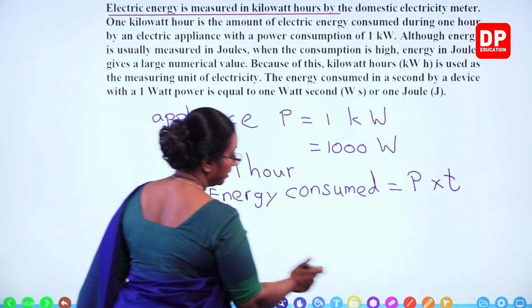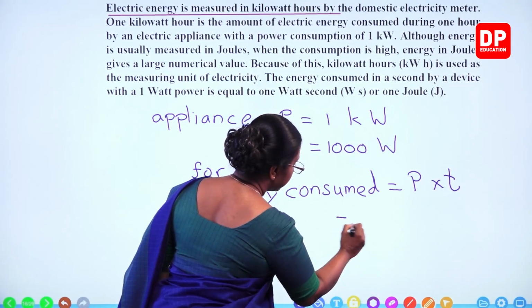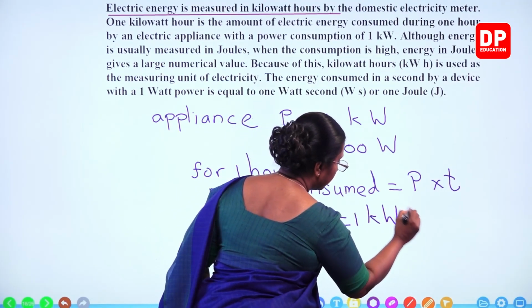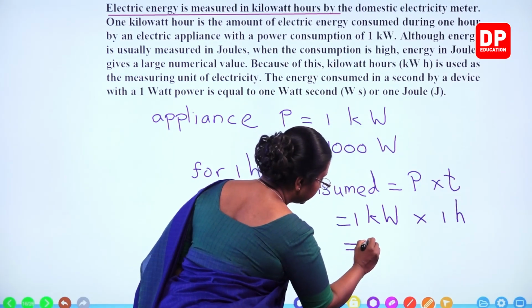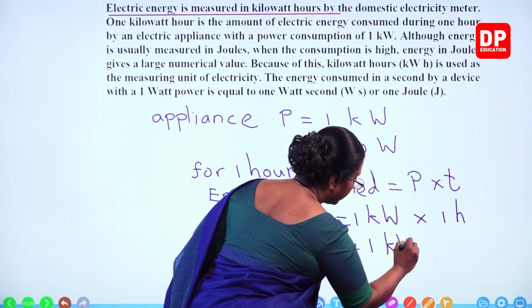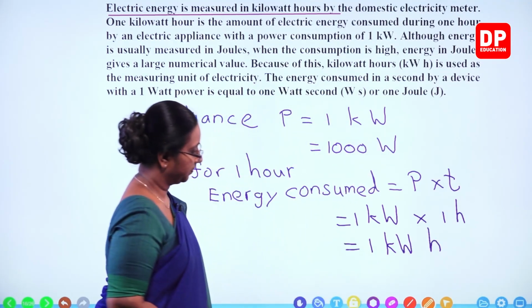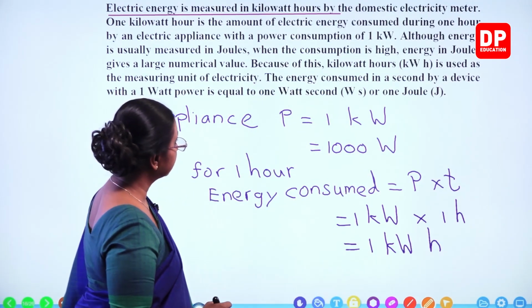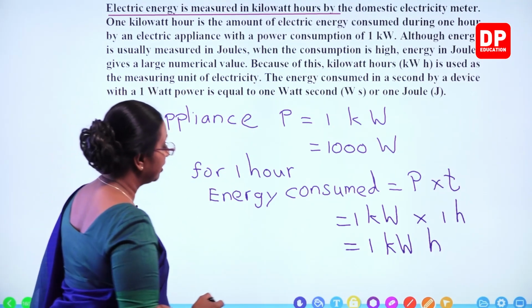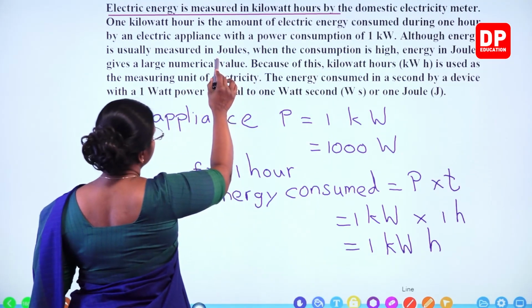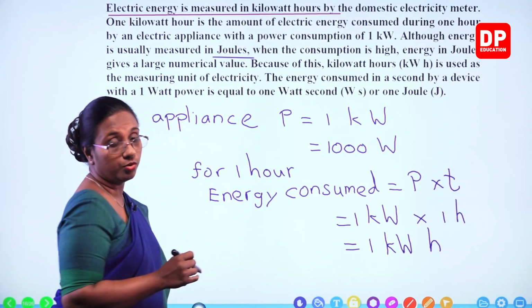So, if the power is 1 kilowatt and the time is 1 hour, then the energy consumed is 1 kilowatt hour. That is the electric energy consumed. Although energy is usually measured in joules. Now, this is something you all already know.